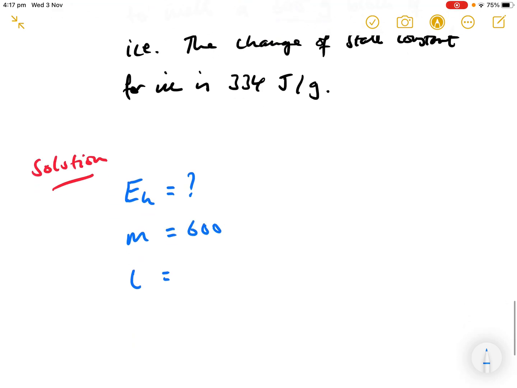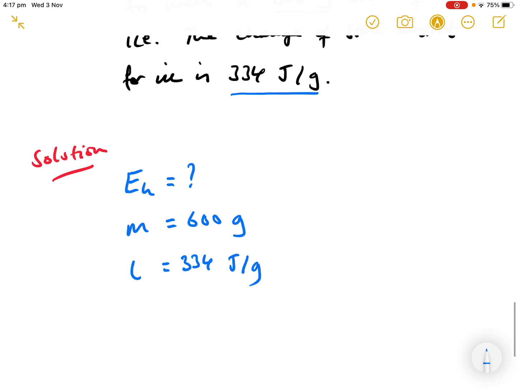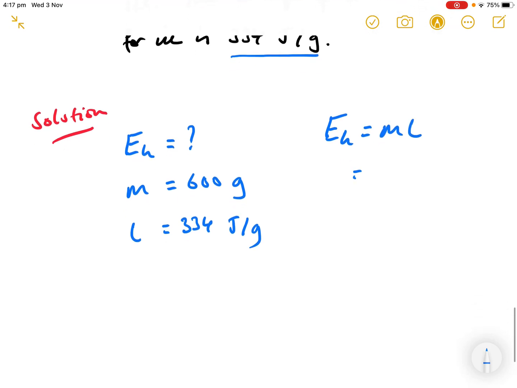There's our mass, 600 grams. And the heat constant is also given to us. There it is, the change of state constant, 334 joules per gram. So you list those variables, you then state your equation. Always write the equation down. EH is m times L.